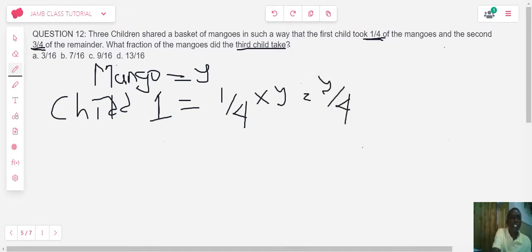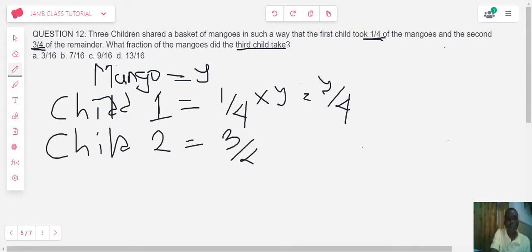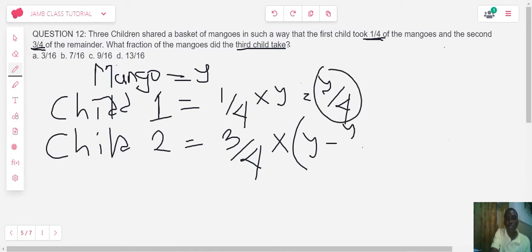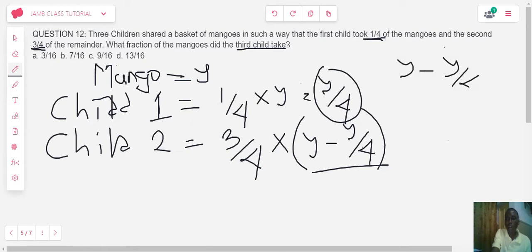Good. Now, child 2, we are told, took 3/4 of the remainder. And what is the remainder? It is y minus what child 1 took, which is y over 4.